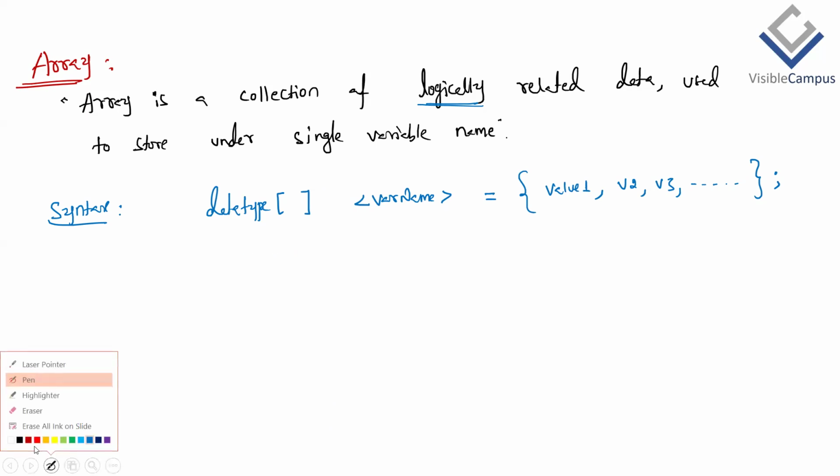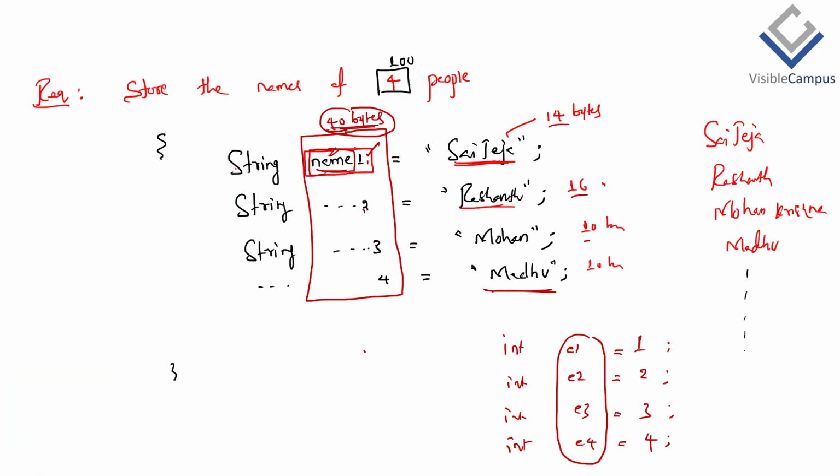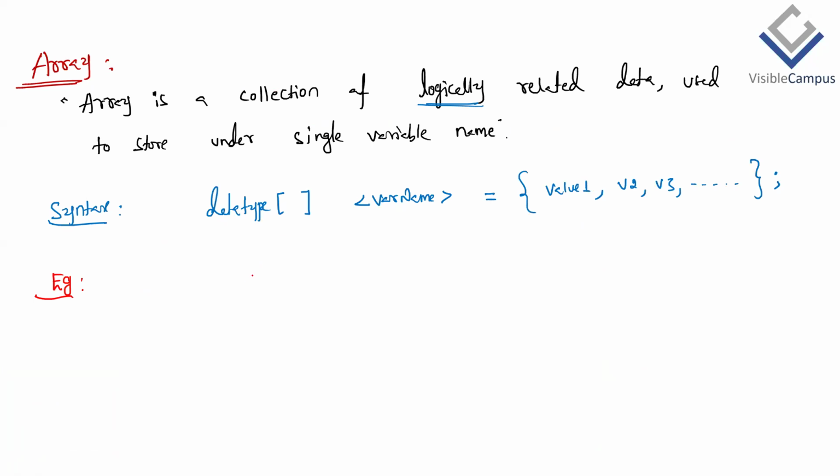Then how do you store the same names by using an array? One example. What's the data type of all these names? String. In place of data type, we use String, with capital S, then square brackets. What's the variable name? n or name, whatever it is, n for name, equals the curly brackets.